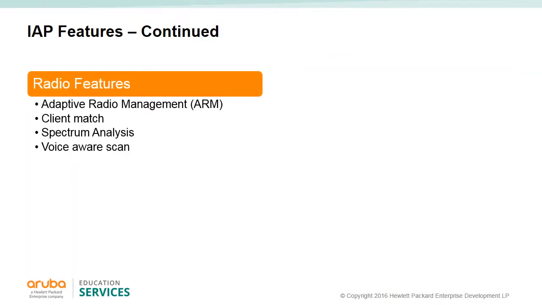Aruba's signature Adaptive Radio Management, ARM, technology is also implemented on the IAPs. This automatically manages the wireless LAN 2.4 and 5 GHz radio bands to optimize Wi-Fi client performance and mitigate RF interference. It also ensures that each Aruba Instant AP uses the optimal channel and transmit power for its RF environment.